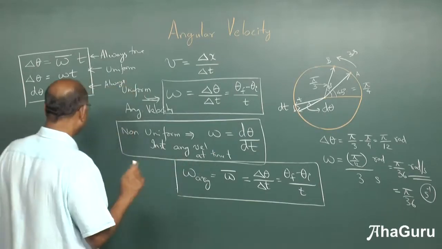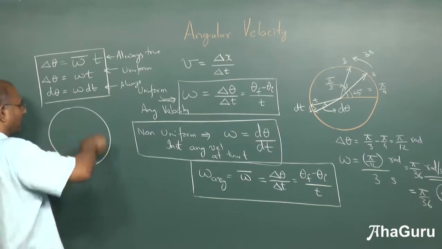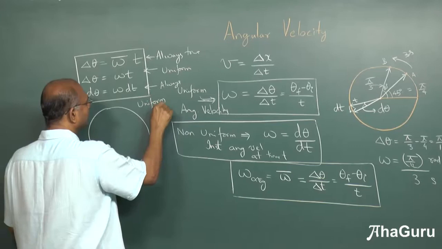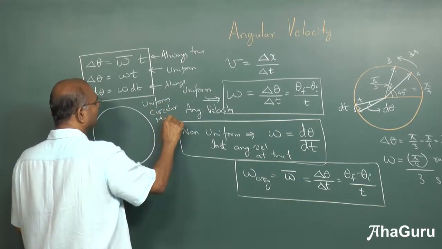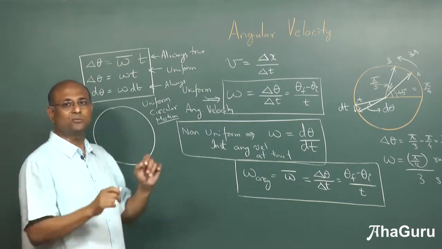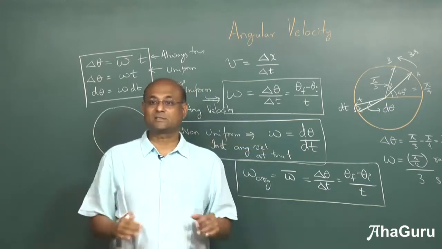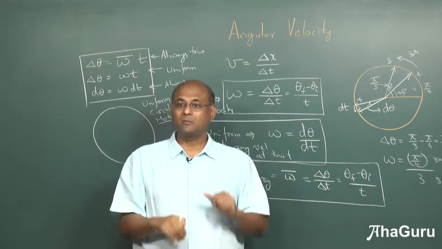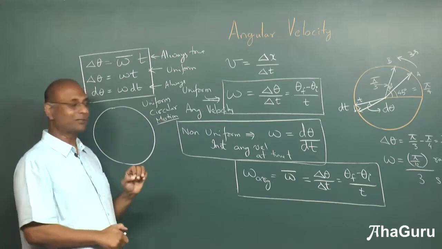Right. Now if a particle is moving in a uniform circular motion, we call this uniform circular motion. What is the definition of uniform circular motion? Because we'll use this a lot. What is uniform motion? Uniform motion means velocity is constant, not speed. If an object goes around like this, it is uniform speed, but it may not be uniform motion. Uniform motion means velocity must be constant.